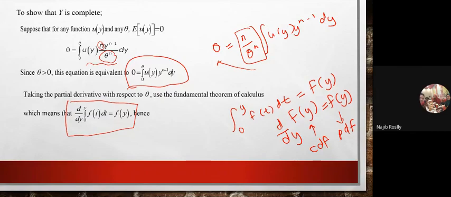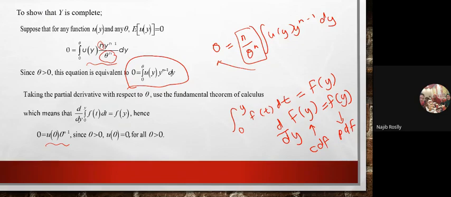So we will use this concept, the fundamental theorem of calculus. You can also refer to any reference textbook for this example, or Google how to solve it if you are not sure. The next step: we have the integral of f(t) dt, so you get f(y), which means you substitute y. You have u(theta) theta to the power n minus 1.